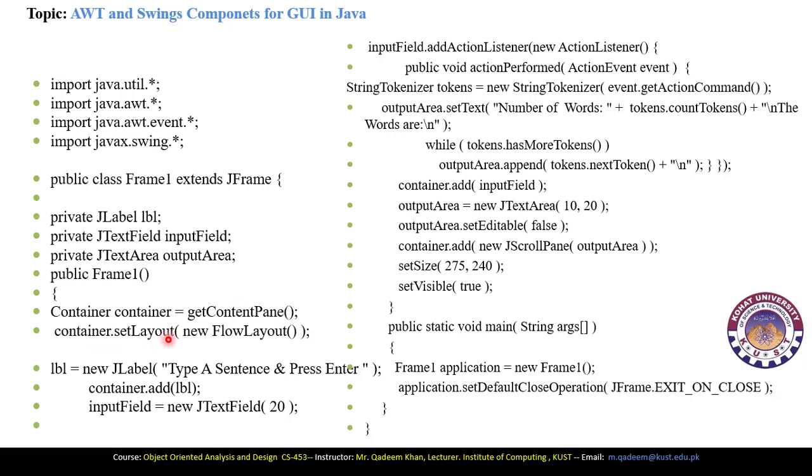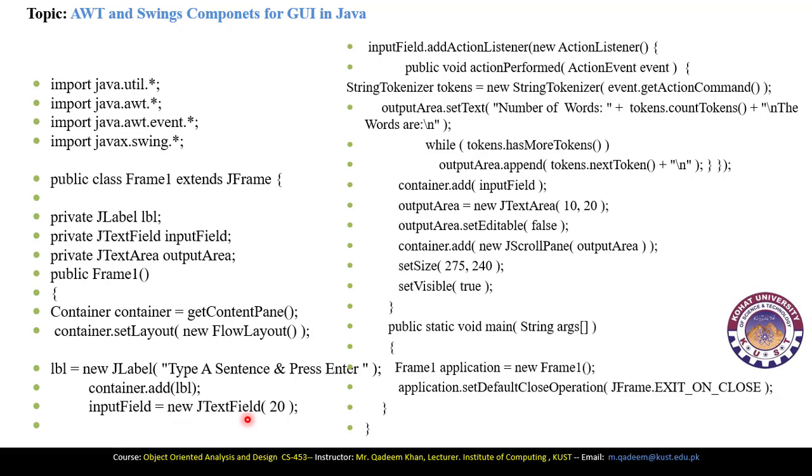And its layout is new FlowLayout. So it means that when we add the first controls in this container, they will be added from the left side towards the right side. And then we have defined here the label: type a sentence and press enter. So it will prompt a user to type any sentence from the keyboard and also press enter when the typing is finished. Here the label is added to the container.